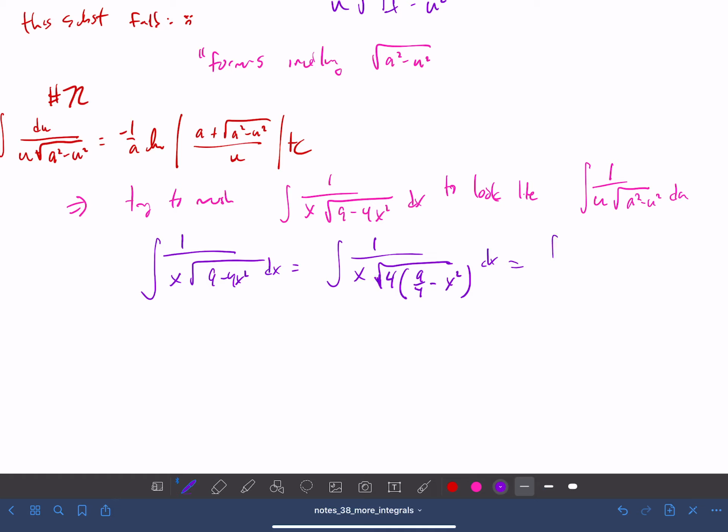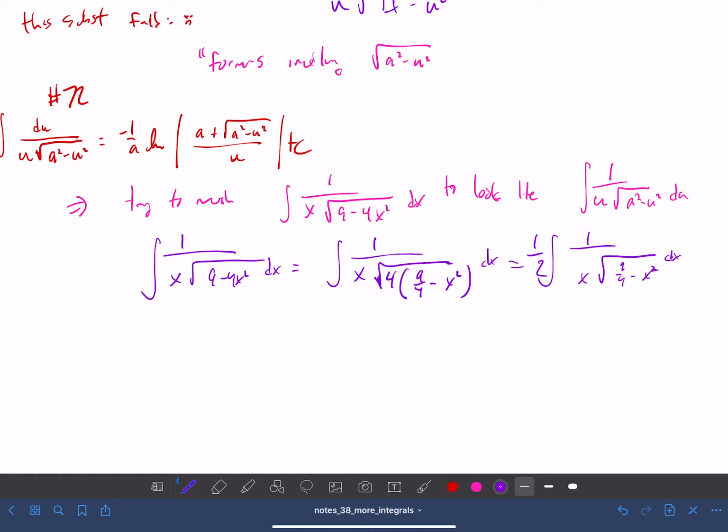All right, so let's rewrite this as 1 over x. Let's pull a 2 out front. Let's call that 2x, square root of 9 quarters minus x squared dx. I'm going to pull that 2 out front with a 1 over. That is so freaking cool.